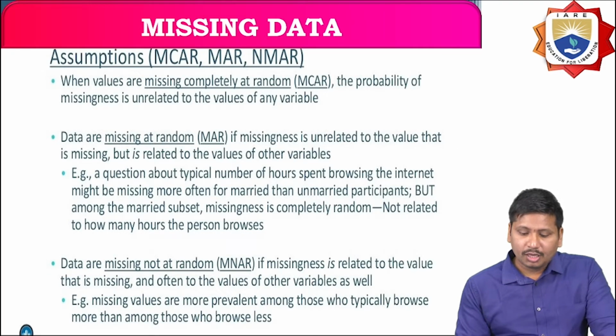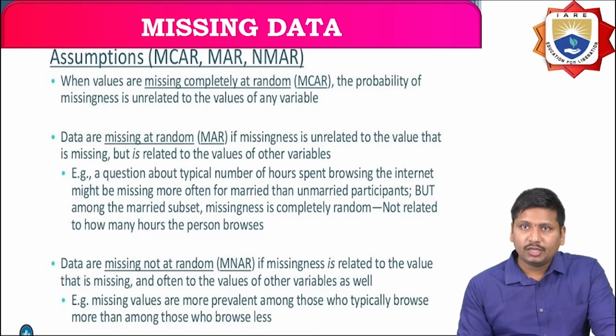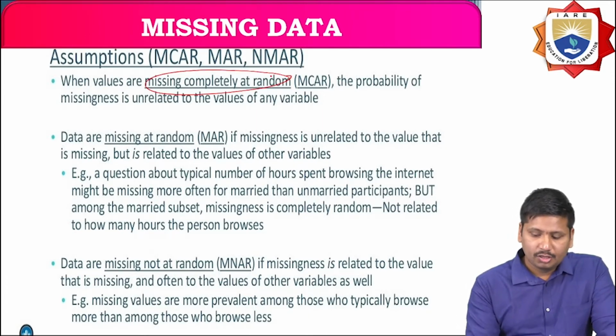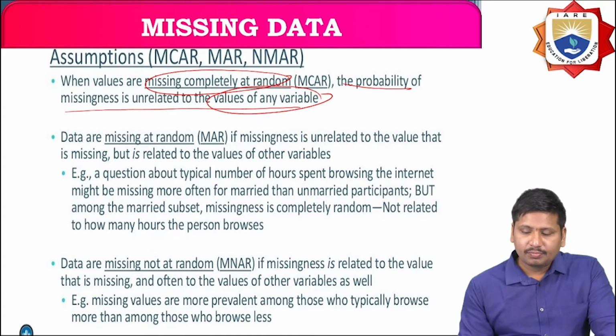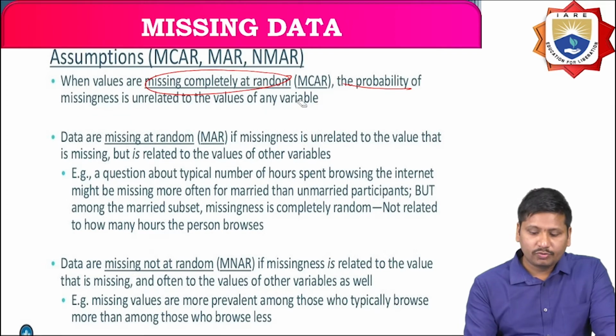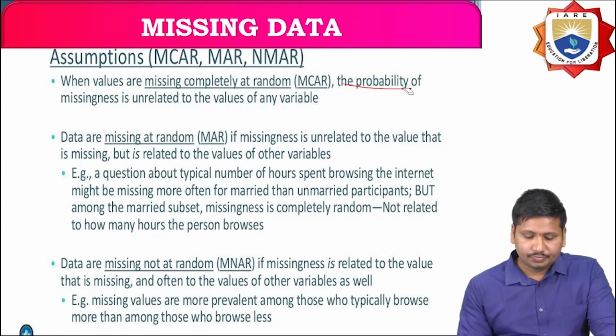Now, some assumptions have to be considered for these methods: MCAR, MAR and MNAR. MCAR means missing completely at random, so the probability of missingness is unrelated to the values of any variable. Then missing at random is the one where the missingness is unrelated to the value that is missing, but it is related to the values of the other variable.